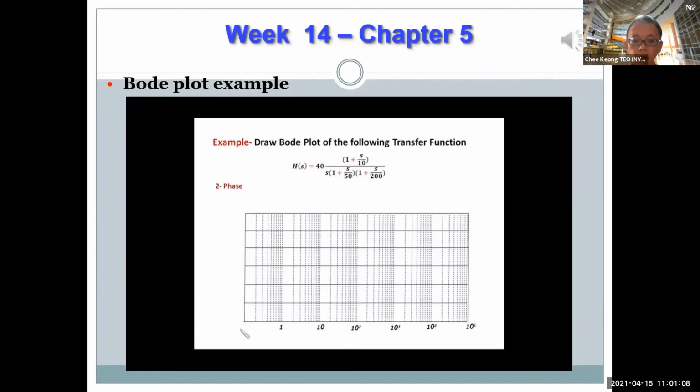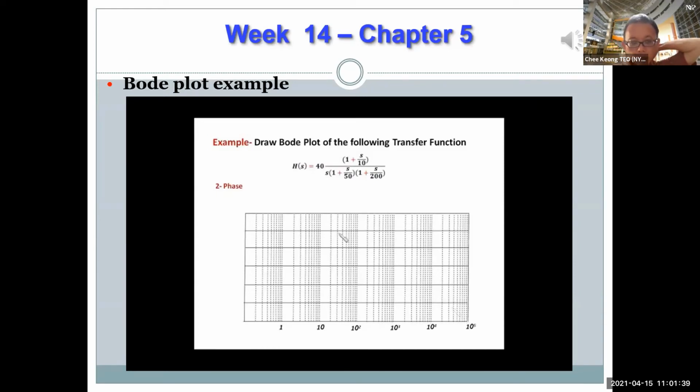We know that the final angle will be at minus 180 degrees. That's something we discussed. But also, because we have a pole at the origin, we are going to have an offset of minus 90 degrees. So that's where we start. This pole at the origin will start with minus 90 degrees. Then we have a zero that will go from minus 90 degrees to a little bit up, and then it will come eventually down to minus 180 degrees.